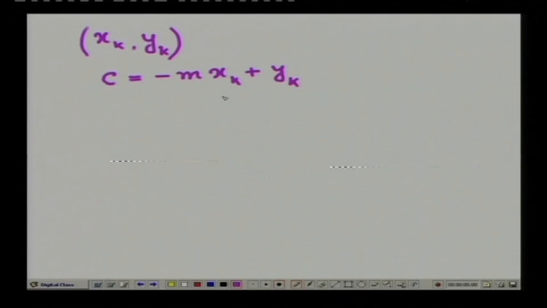Now, the value of C that you get for a specific value of M may be a real number, whereas we have to deal with the discrete case.